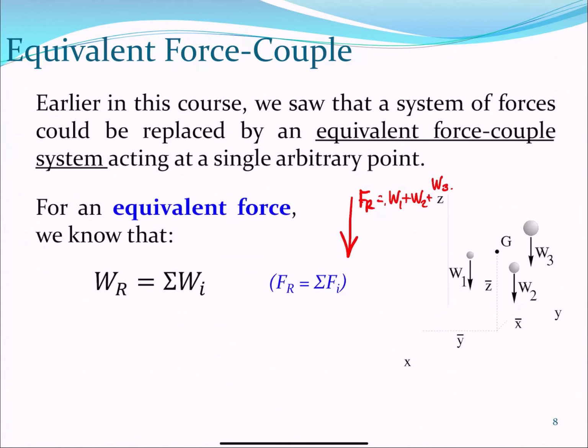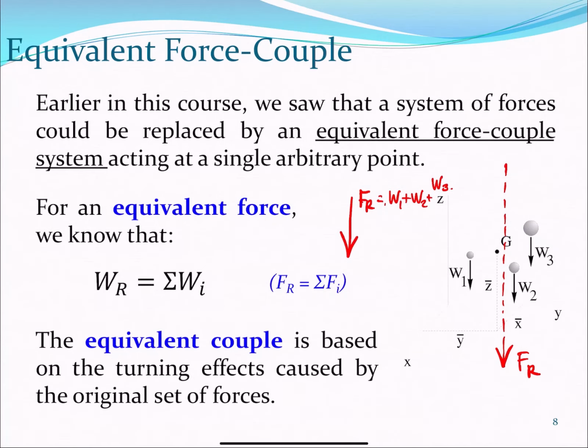Now, it's the same problem as before. We have to preserve that rotational tendency. The resultant force has to have the same rotational effect. So the moment caused by Fr has to be the same as the moment caused by the three particles. The equivalent couple is based on the turning effects caused by the original set of forces, and the resultant force has to have the same turning effect.